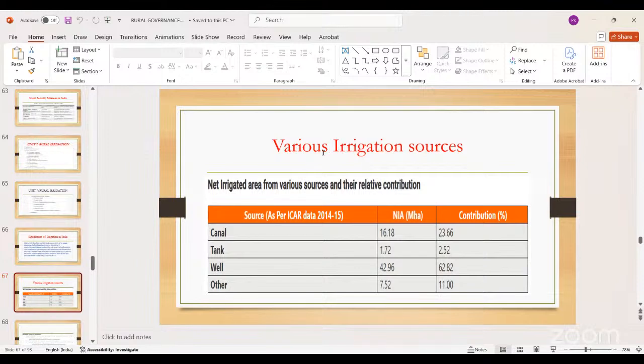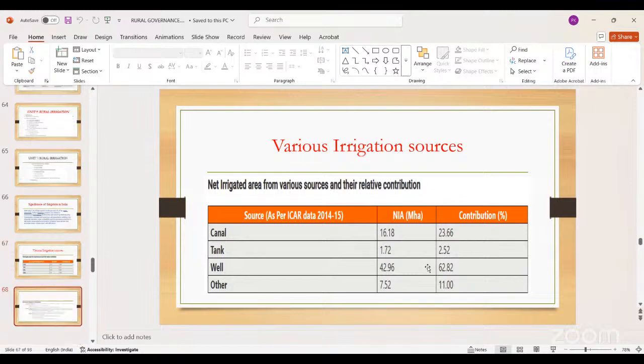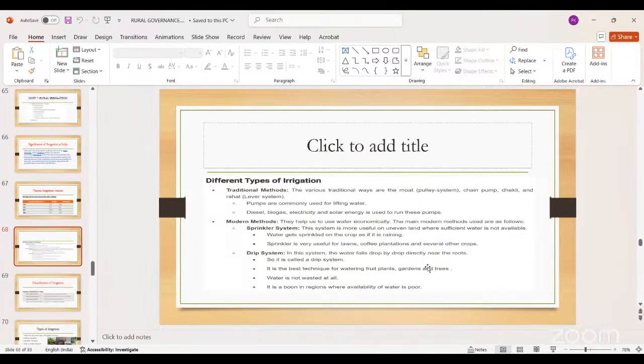Then we'll see various irrigation sources according to Indian Council of Agriculture Research data. The contribution of canal is 23.66%. Then tank is 2.52%, well is 62.82%, and other sources are 11%. Then there are different types of irrigation, like traditional methods and modern methods.